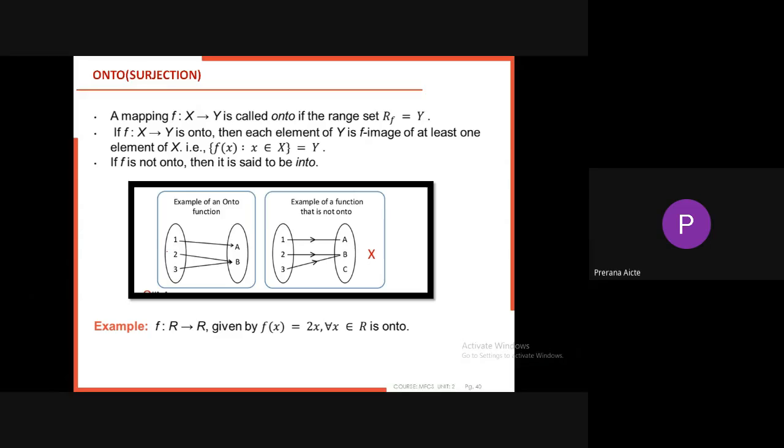Let us see this example. Here we have two elements, A and B, mapped with elements from the set 1, 2, 3. But in the second set we have A, B, C, and C is not mapped with any element. So it may be a function, but it is not an onto function. But here it is an onto function.